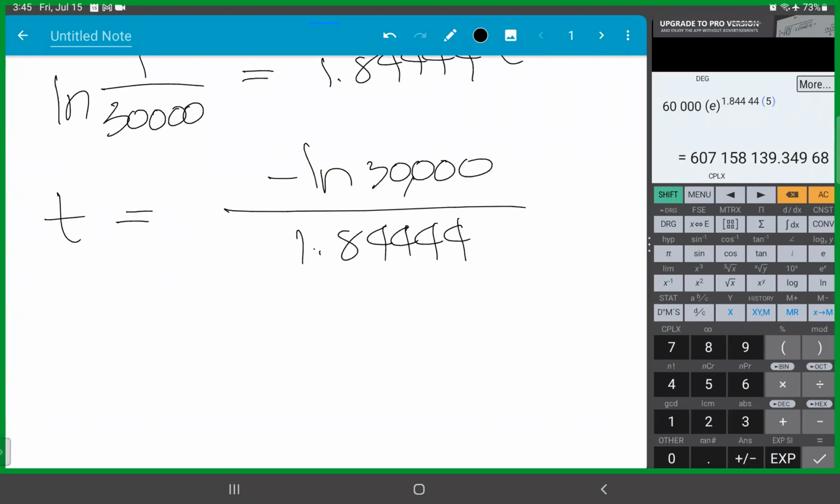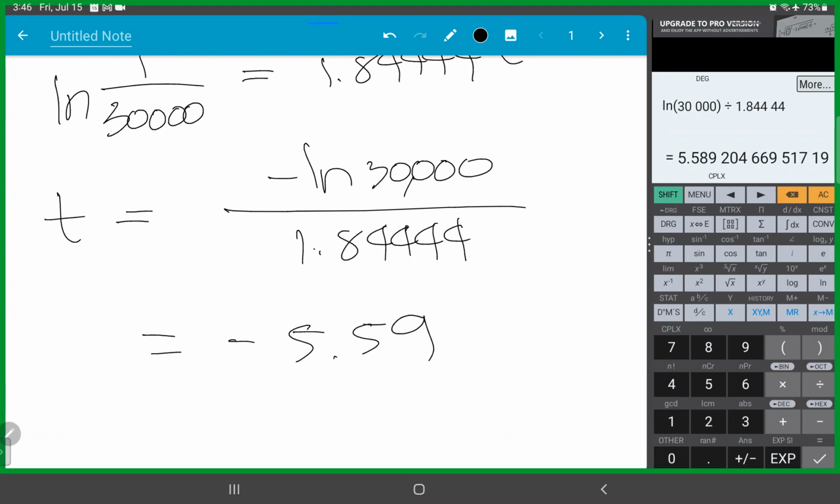So evaluating, and then negative. So you can check negative 5.59. Round off ko na lang sa 2 decimals.